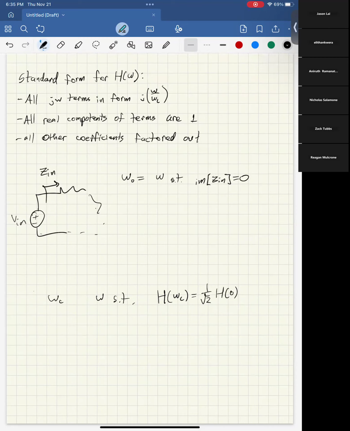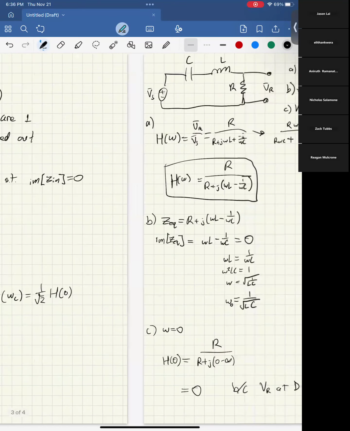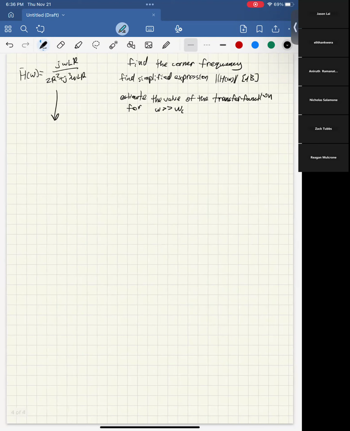It's when the transfer function is at 1 over root 2 of its maximum value. That's the point where the power is halved, and that's what has been decided is the cutoff for that function. But here we just want to put this into standard form.